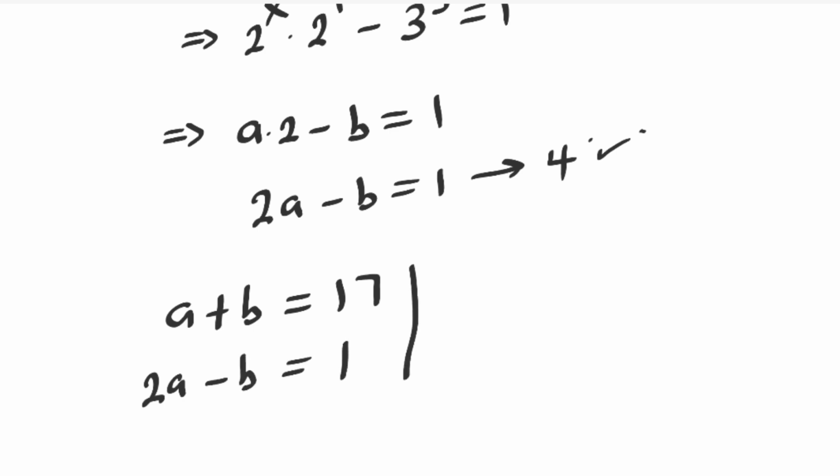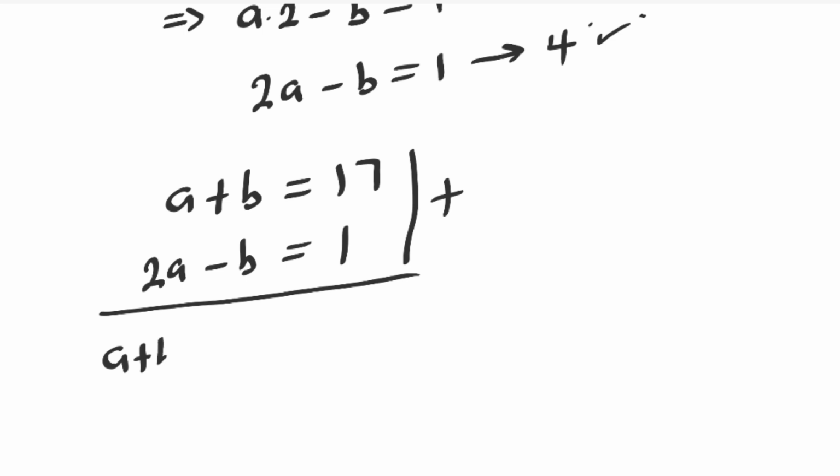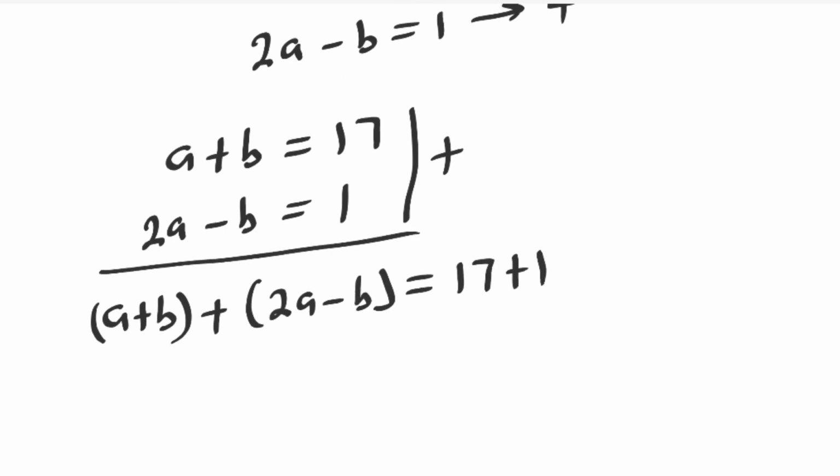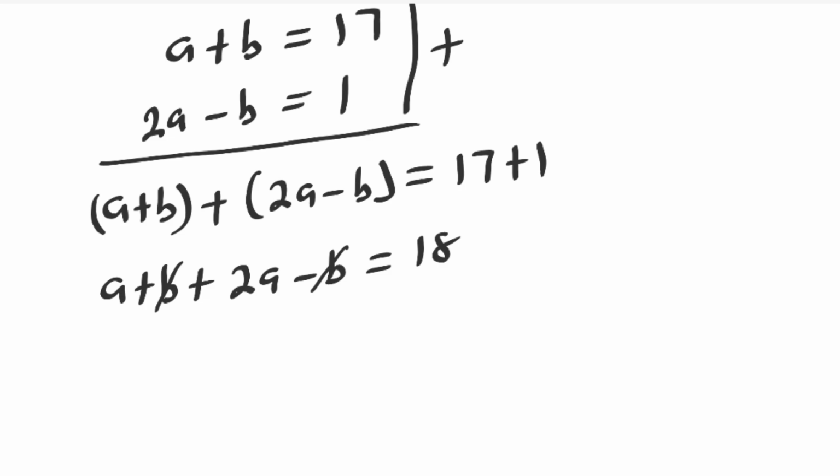Let us solve this using elimination method by adding the two equations together. a plus b plus 2a minus b is equal to 17 plus 1. a plus b plus 2a minus b is equal to 18. The b's cancel. a plus 2a, this is 3a, is equal to 18.